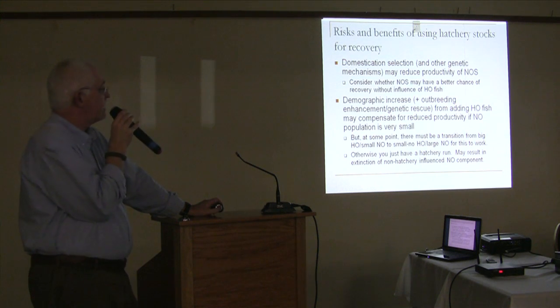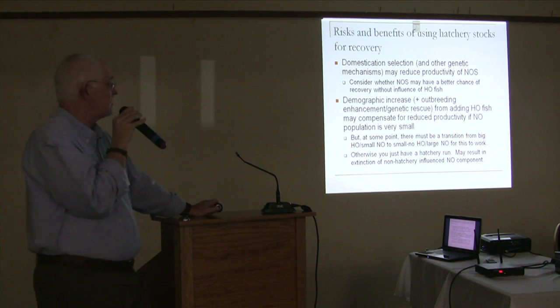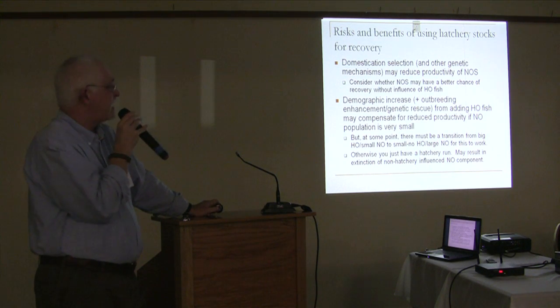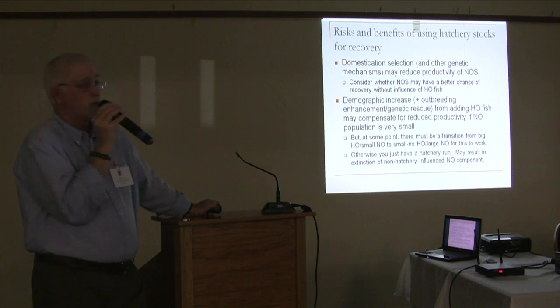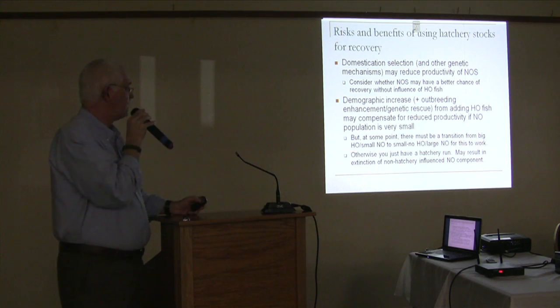It is possible to get a demographic increase, plus possibly an outbreeding enhancement genetic rescue effect, from adding hatchery origin fish that can compensate for reduced productivity of the natural origin stock if it is small.